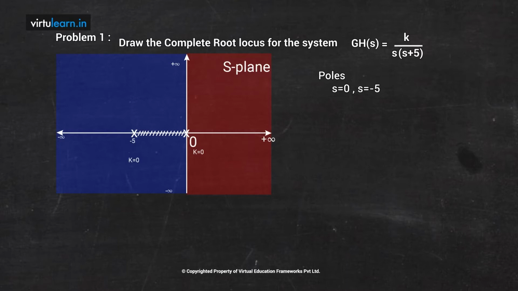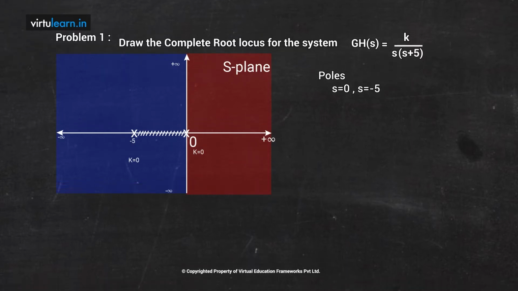Then between 0 and -5, take any point and count poles and zeros to the right of it. The count is 1, which is odd, so in this area we will have root locus. From -5 to minus infinity, you will have an even number, so no root locus. So the second rule says that only from 0 to -5 you will have root locus.